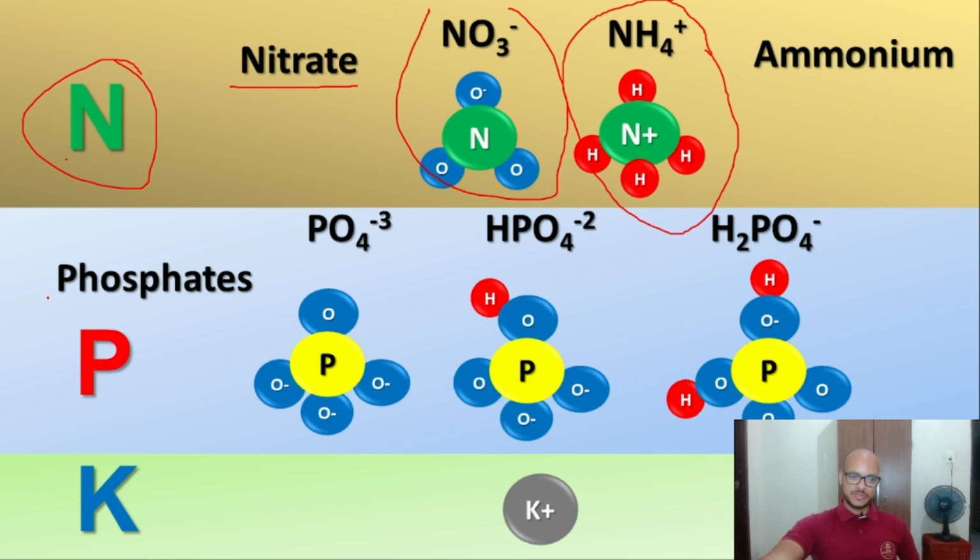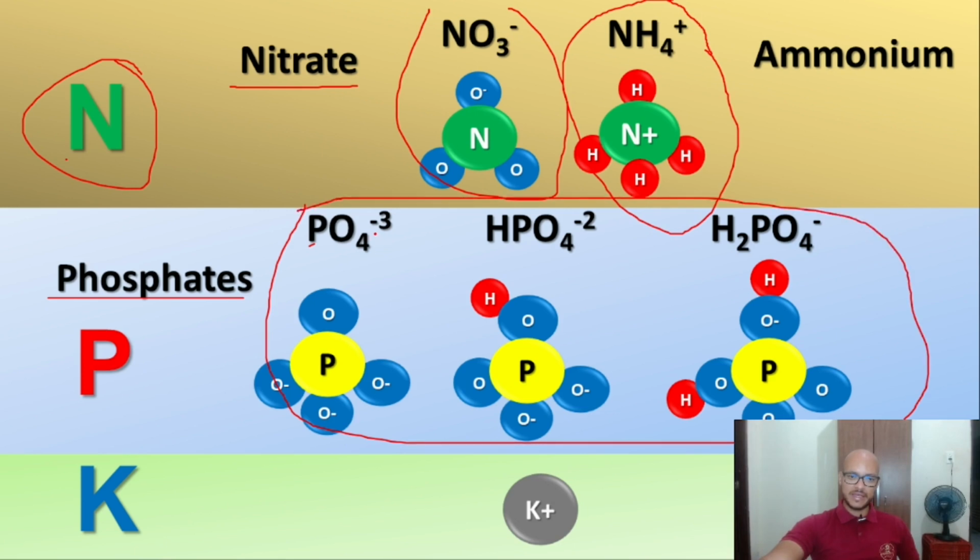For phosphorus, we have phosphates. So there are a lot of phosphates here, different phosphates. It's also an ion. Ion means it has a charge, like positive or negative. So this ion is negative, negative, positive, and potassium is also positive.